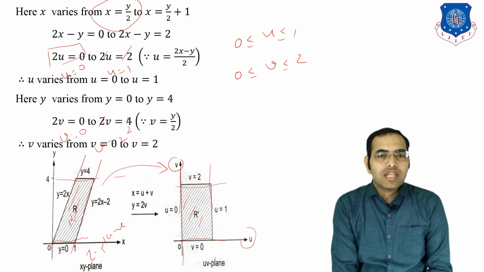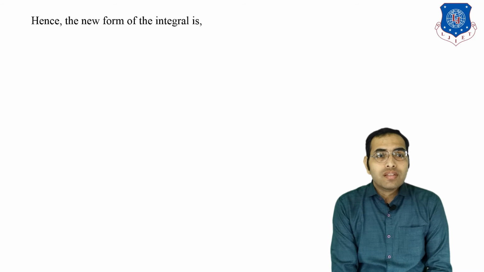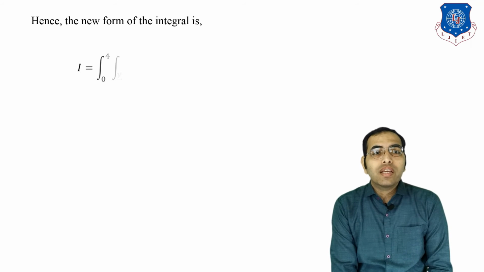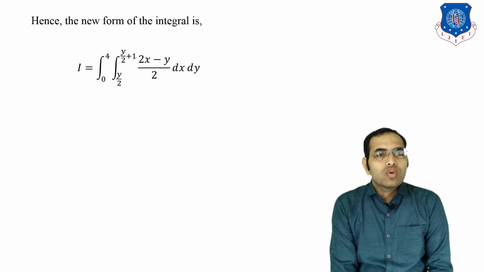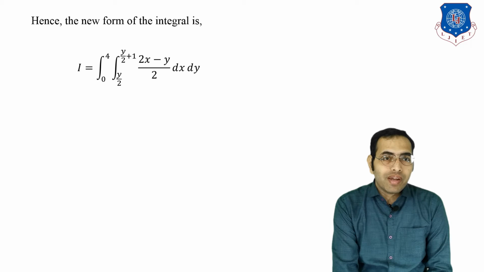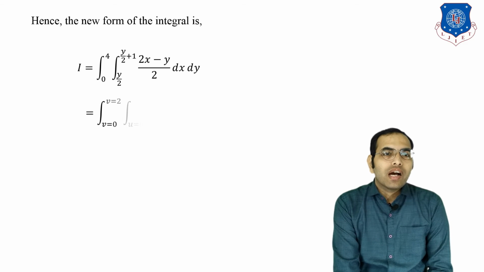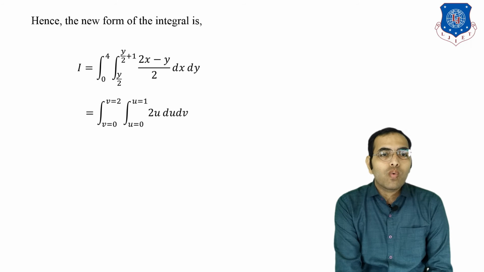Now substituting these limits of u and v in our double integral, the new form of the integral is I equals integral from 0 to 4, integral from y by 2 to y by 2 plus 1, of 2x minus y by 2 dx dy. Now converting this limit into u and v, v varies from 0 to 2 and u varies from 0 to 1.